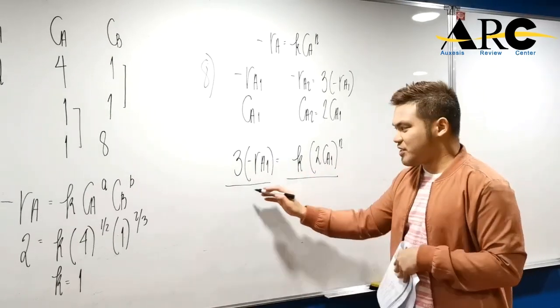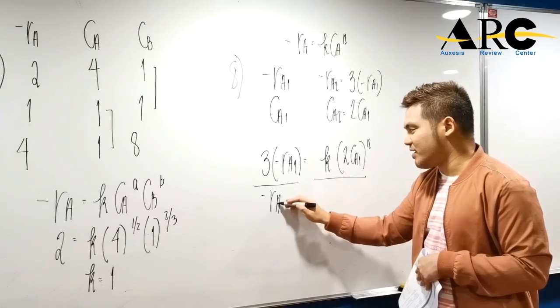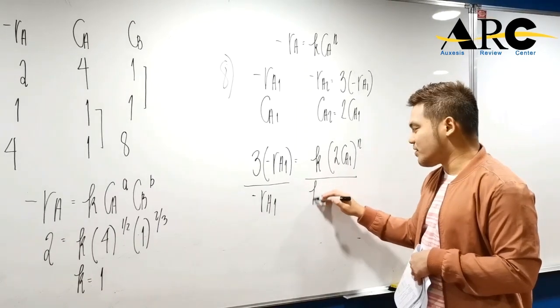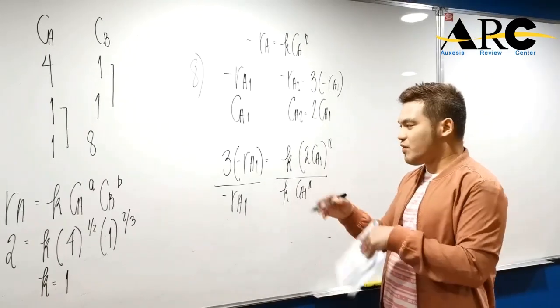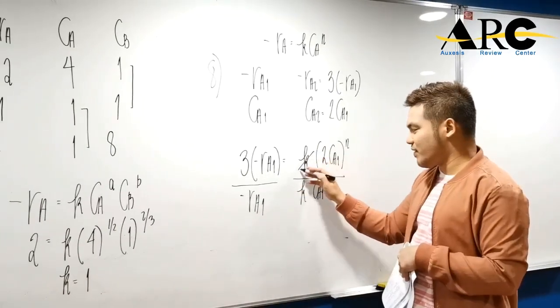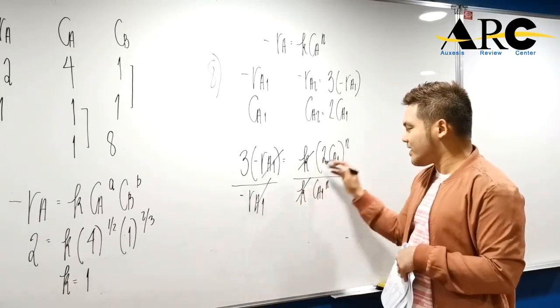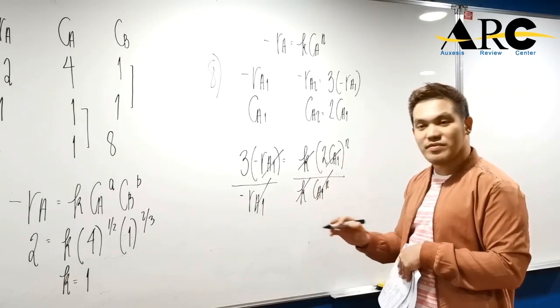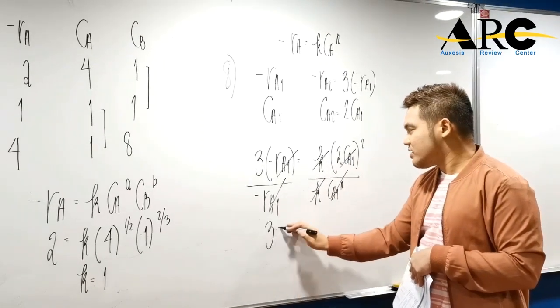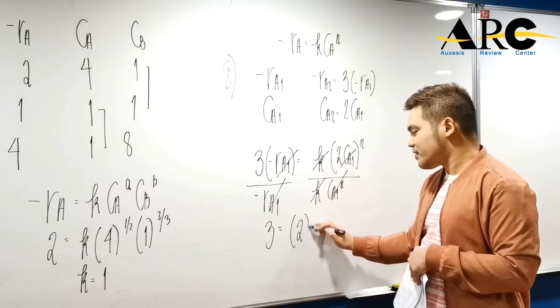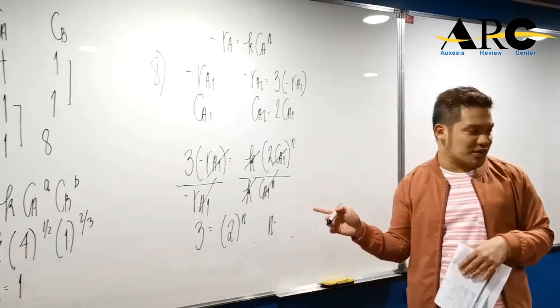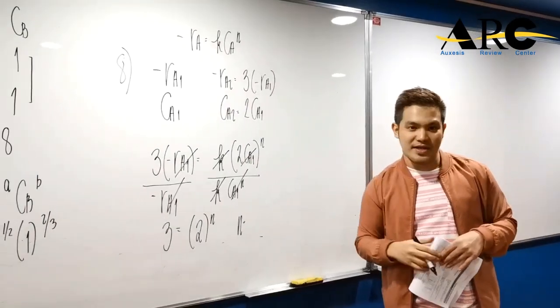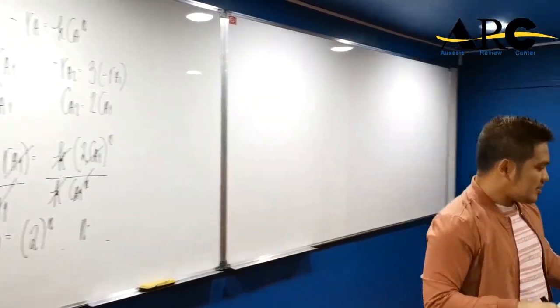So for the first condition, we have negative RA1, which is equal to K CA1 raised to n. So for same reaction, equal ng K, so pwede nating masolve yung value ng n. So 3 is equal sa 2 raised to n. O compute nga natin, masasolve natin value ng n, which is the order of the reaction.